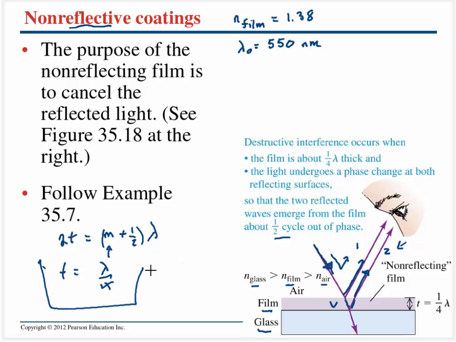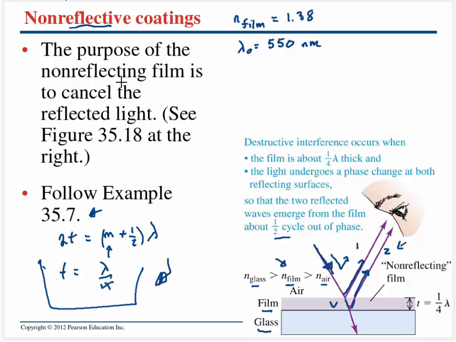Two things to keep in mind here: this only applies when these two rays are in phase with each other. And again, I'll work an example problem where this index of refraction is different, and there'll be a phase shift between them.